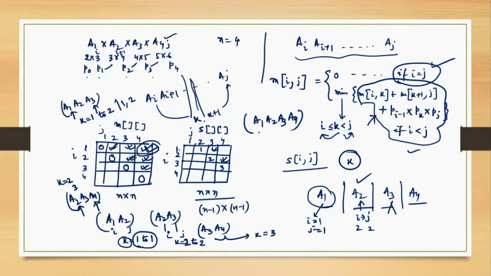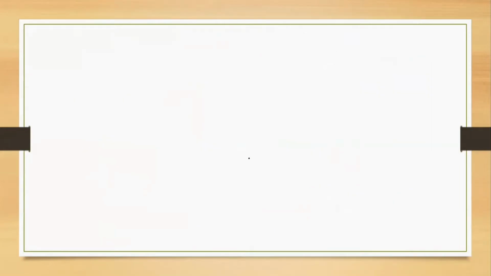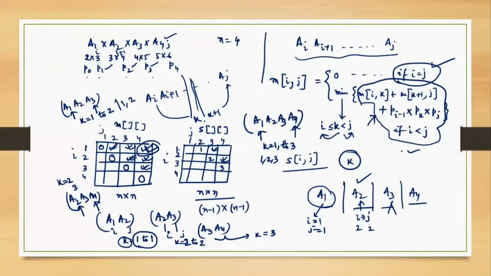So here k starts from 1, that is I, and ends at j minus 1, that is 3. So here k has 3 probable values, 1 up to 3. So 1, 2 and 3. For k equals 1, you will apply the formula. For k equals 2, you will apply the same formula, and k equals 3, you will apply the formula based on the observation you got.